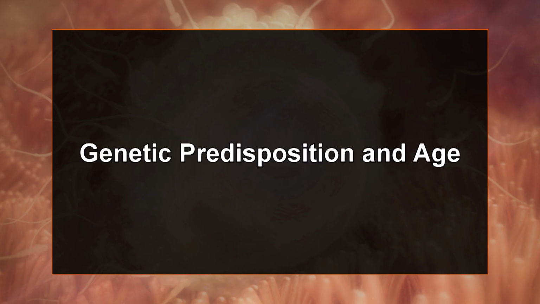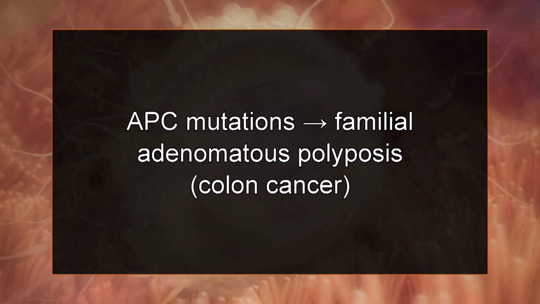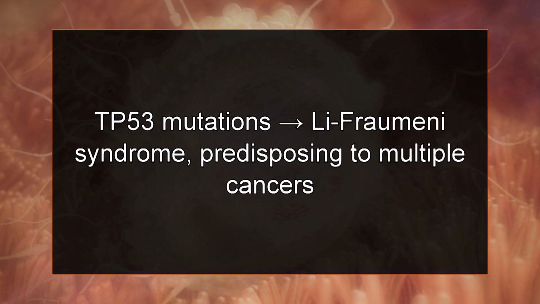Then students, let's talk about genetic predisposition and age. Familial cancer syndromes. The BRCA1 and 2 mutations are associated with breast and ovarian cancer predisposition. APC mutations are associated with familial adenomatous polyposis or colon cancer.